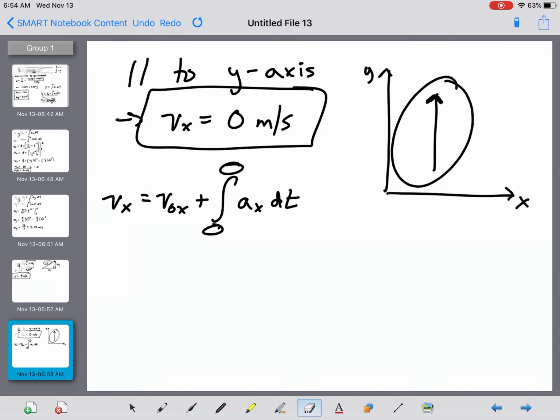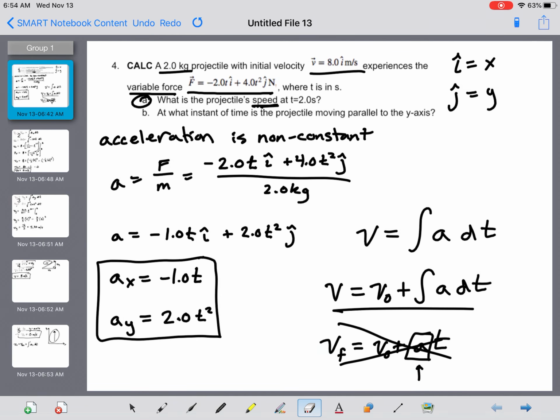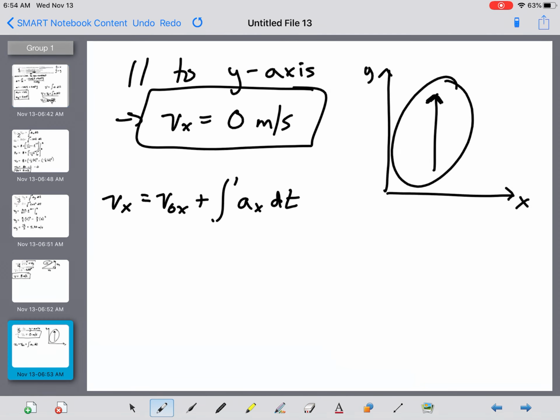Before, we were looking for a specific moment in time from 0 to 2. Now the question is, what is the time? So we're going to go from 0 to t, because t is what we're looking for here. So we got velocity in the x is equal to initial velocity, which is 8, plus the integral from 0 to t of acceleration in the x.